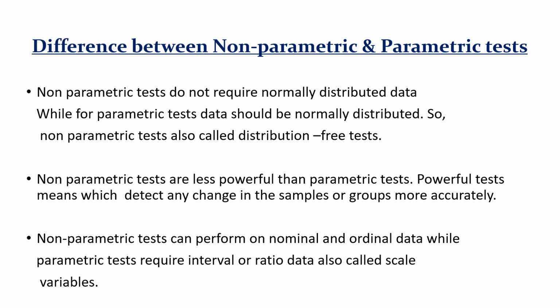Non-parametric tests are less powerful than parametric tests. What does it mean when we say powerful? Powerful means when test can detect any change in the sample or the groups accurately.